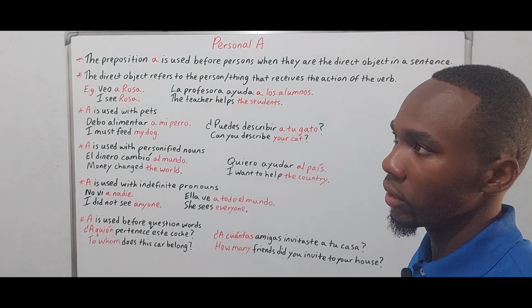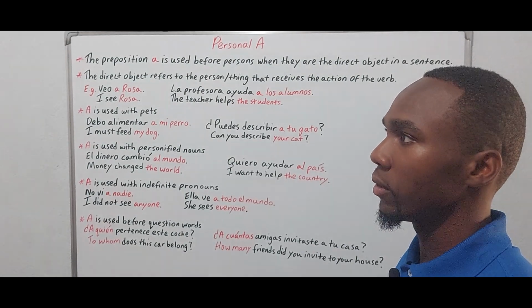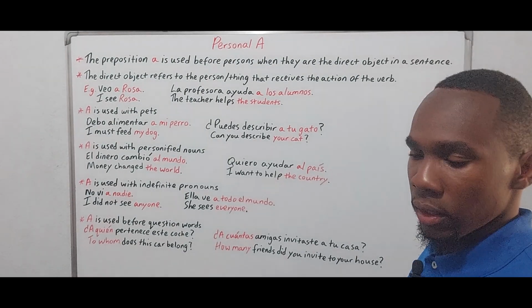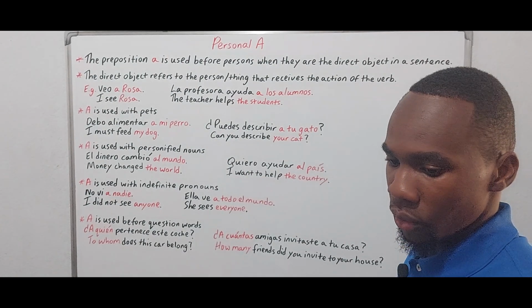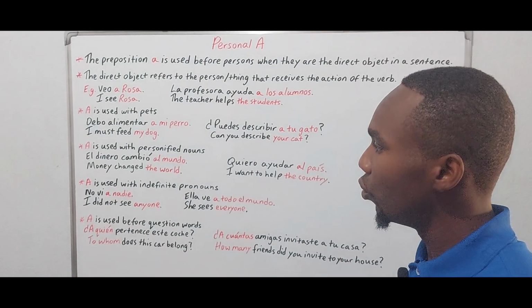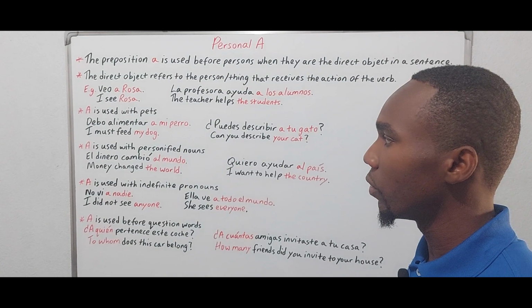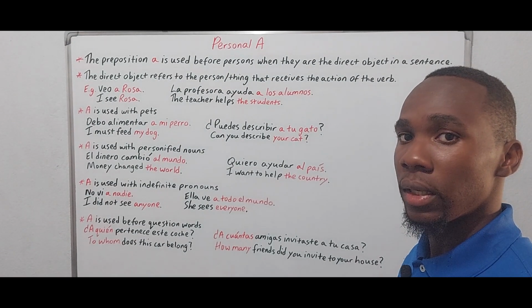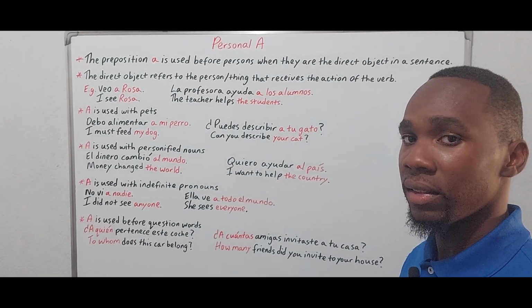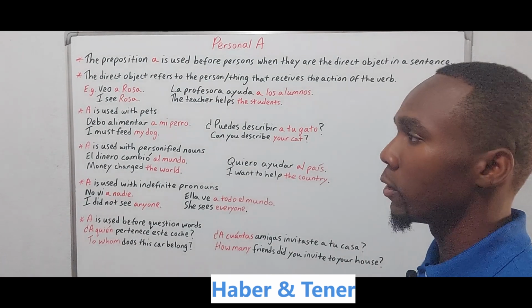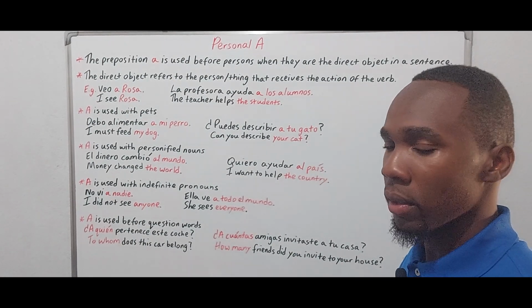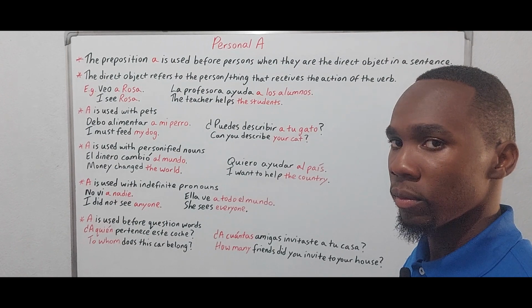But of course, there are some exceptions, right? We do not use the personal a with verbs such as haber and tener. So let me explain. When it comes to haber, we do not use it, right?